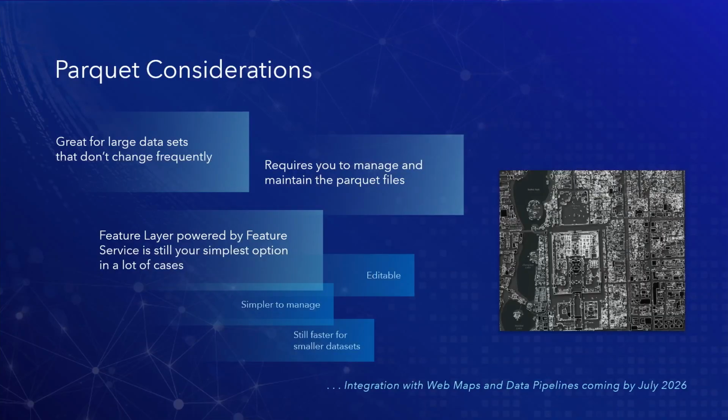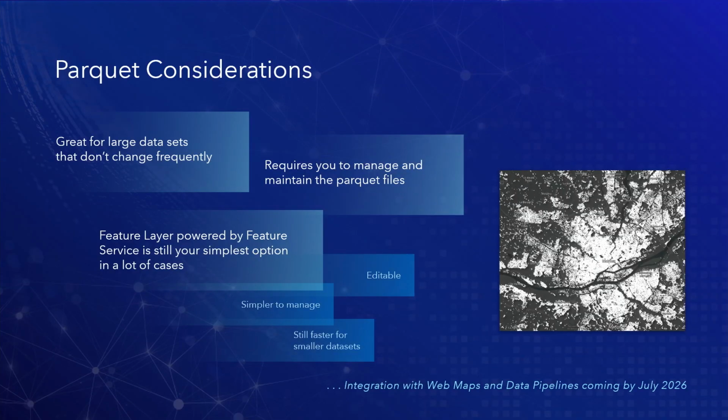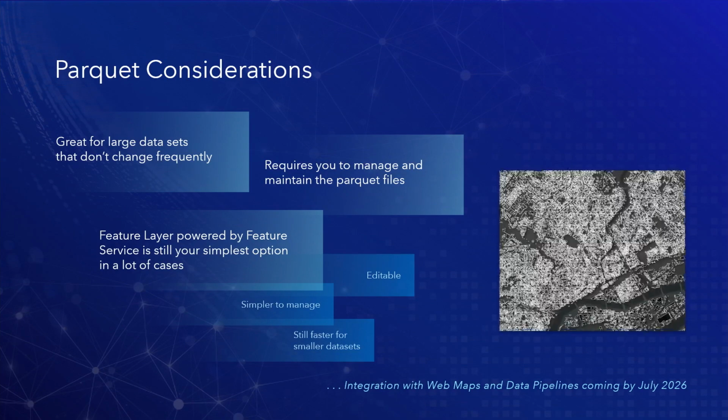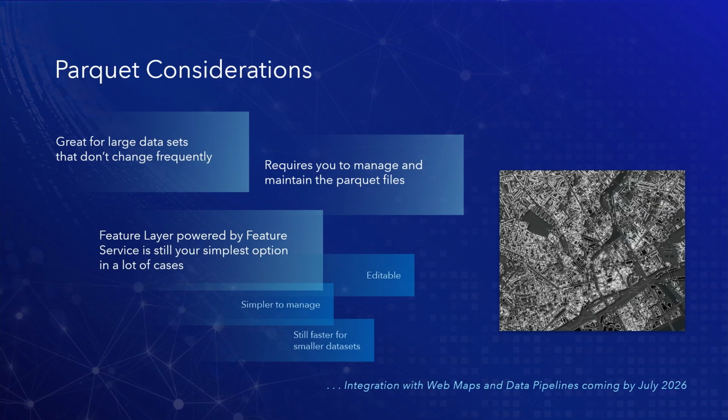It's very impressive what you can do with this spatially optimized Parquet. Now, while Parquet is great for these huge data sets that don't change frequently, Parquet still requires you to manage and maintain these files separately from your data store. And workflows that require full editing or taking your data offline and sync require a queryable and updatable data store.